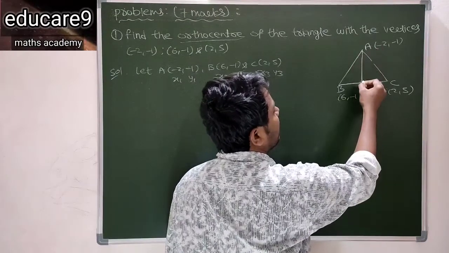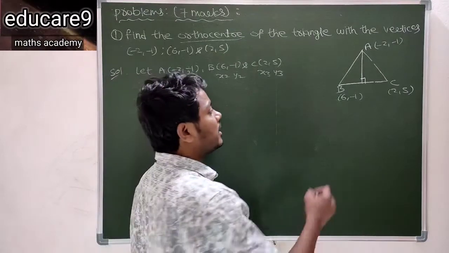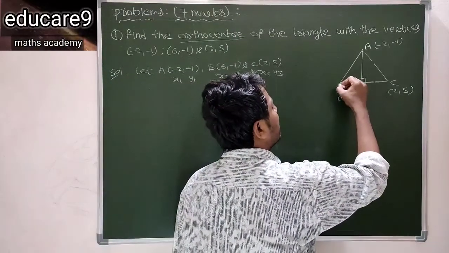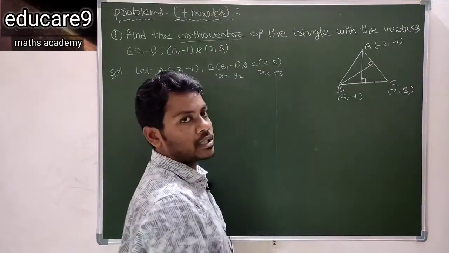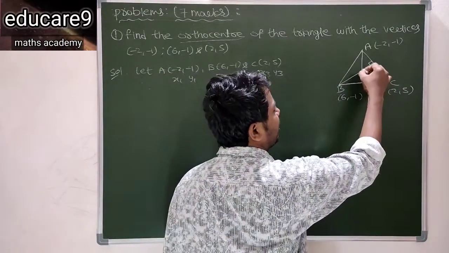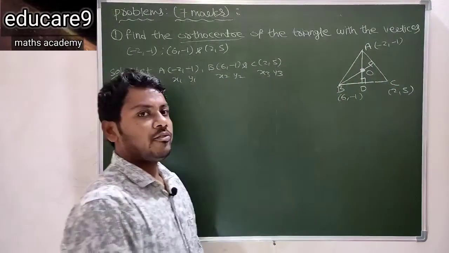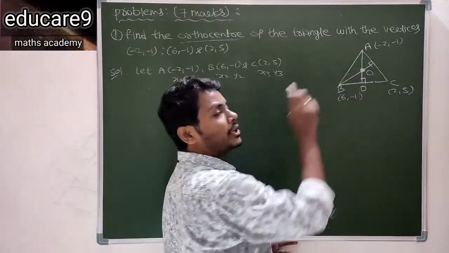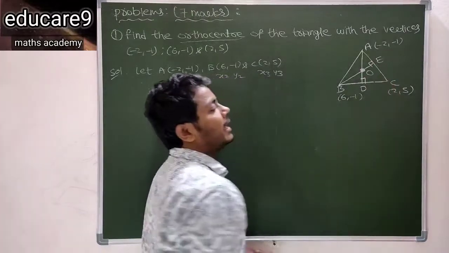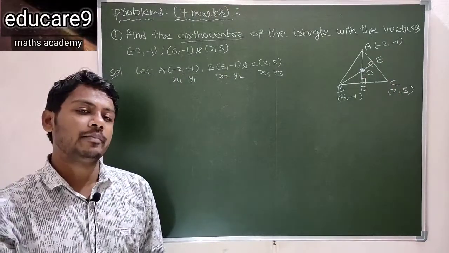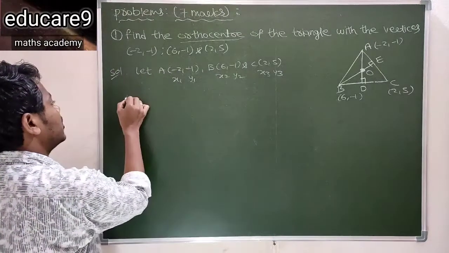A perpendicular line is drawn from vertex A to the opposite side, and again a perpendicular line from vertex B to the opposite side. Then this point of intersection is called the orthocenter. So for that, you need to find the altitude through A and the altitude through B, and solving both of them, you will get the orthocenter.